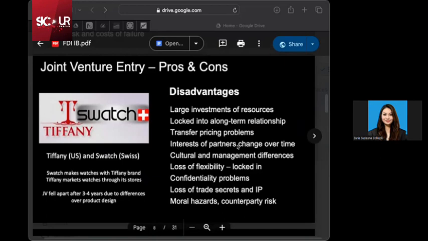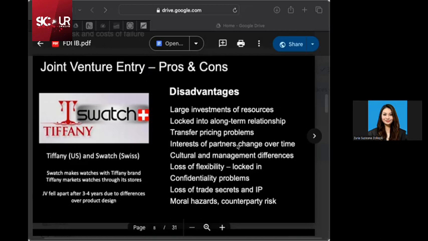So it may not be beneficial for the company if the company is having losses, and let's say if there is a disagreement, conflict, and so on, you are bound to a contract with a long-term relationship. But what we have learned just now, we have a contract exit strategy, right? So what happens if a partner wants to leave early? Maybe that will cost you something, right? To end the long-term relationship.